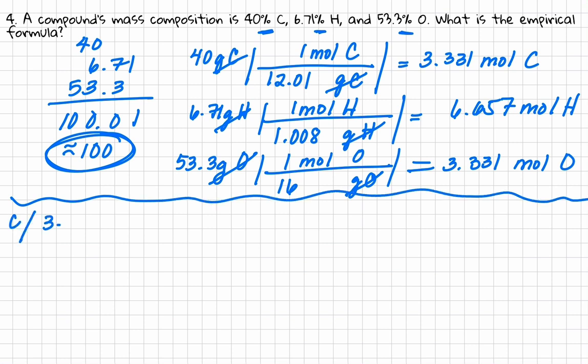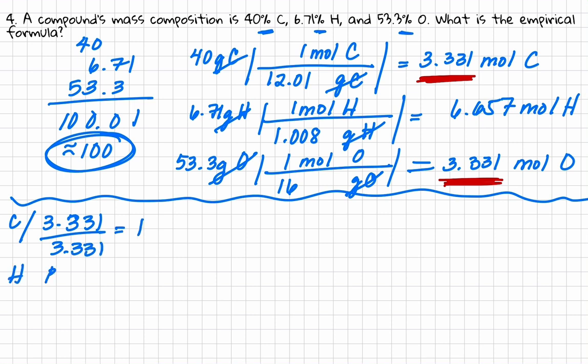Now, the smallest is tied here for carbon and oxygen. So we're going to pick one and just divide all of them by 3.331. Carbon equals 1.